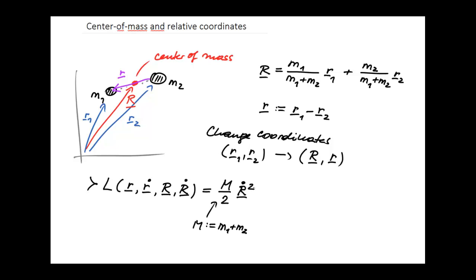But then, of course, the system is not just a single body, there are two bodies, and they can also move relative to each other. So there is another contribution to the kinetic energy that comes from the relative movement of the two bodies.